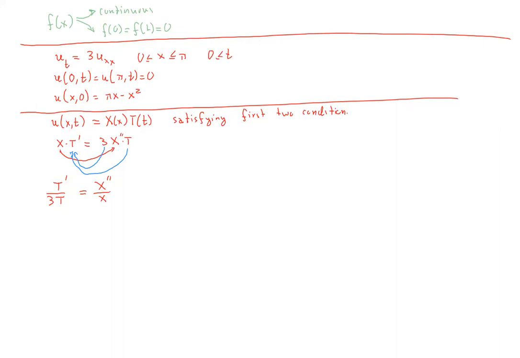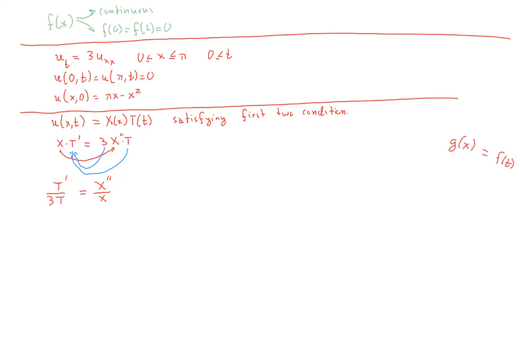If somebody tells you, I have a function g of x and another function f of t, and I want these two functions to be equal no matter what x and t are, this is a ridiculous proposition. This cannot happen unless the two functions have no real dependence on x and t respectively, meaning they're equal constant functions. And that's exactly what happens here. So that's the heart of the idea of solving this problem.